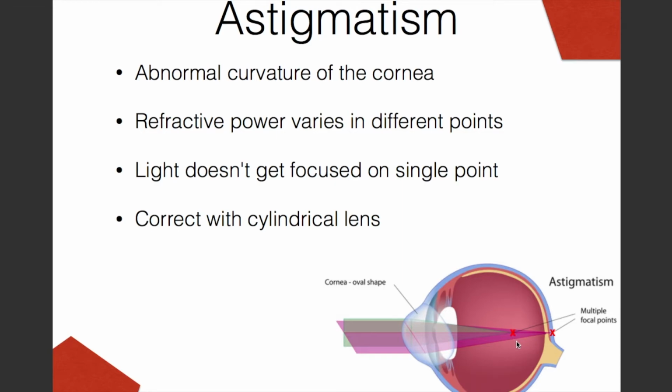We can see here, we get a focal point that's too close, a focal point that's too far, and so on. We correct this with the cylindrical lens, which will end up focusing all of the points on one point.